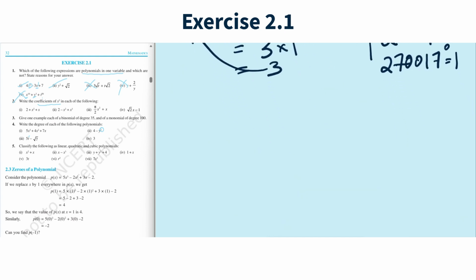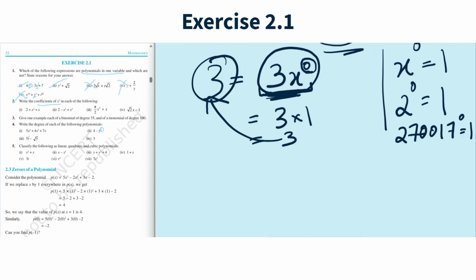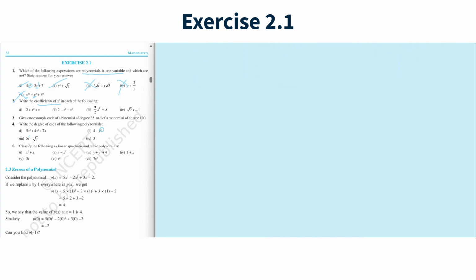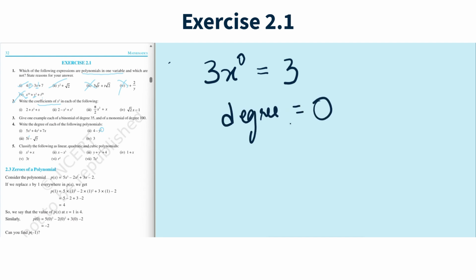All right. So it's just about manipulation here and there, just playing around with your expressions and numbers. 3x to the power of 0 can be written as 3, or 3 can be written as 3x to the power of 0. Hence, the degree of this polynomial will become 0.